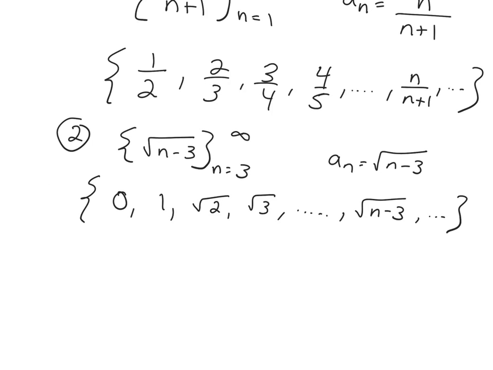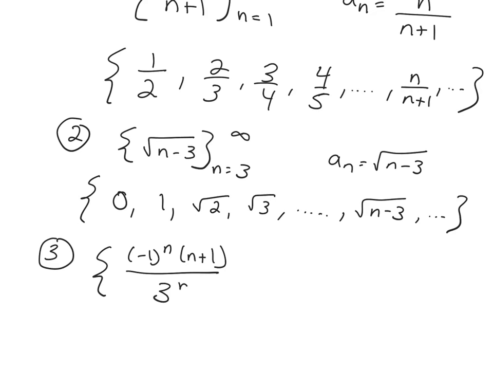So I want to do one more example of these. I'm looking at -1 to the n plus 1 over 3 to the n. So the terms in my sequence are given by this formula.